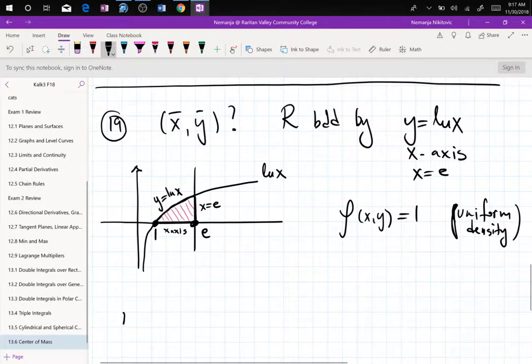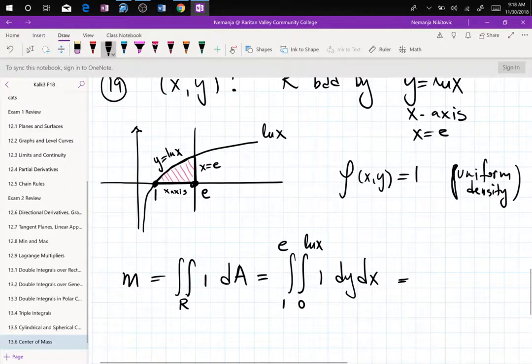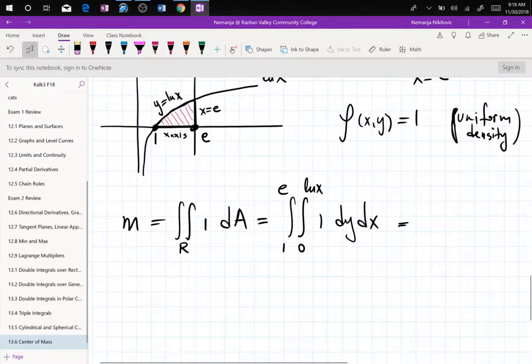So, the mass integral is the first integral we have to compute: over region R of density 1 dA. We're just going to integrate 1. We're going to do dy dx. X goes from 1 to e, and y goes from 0 to ln x. Standard setup for double integrals.